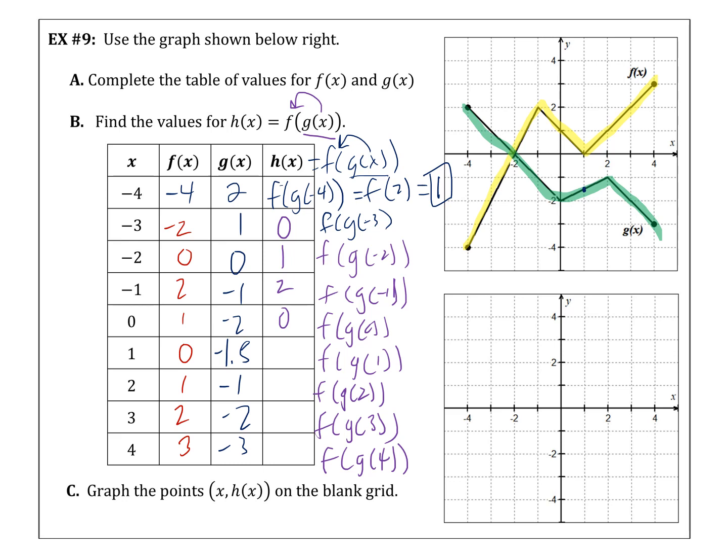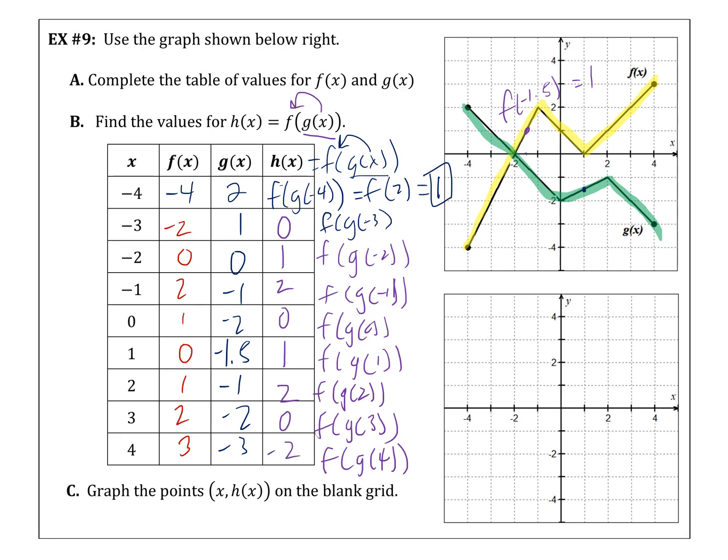We don't have a -1.5 on here, so we have to look at -1.5 on the graph, halfway there. So f of -1.5 equals 1. Does that make sense? Then back to our regular scheduled program. At -1, we get 2. So we have 2, 0, and -2.